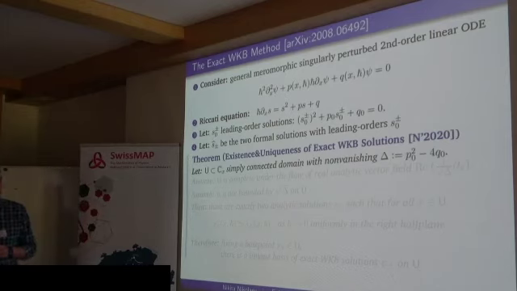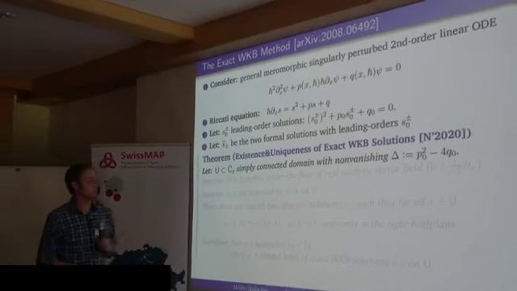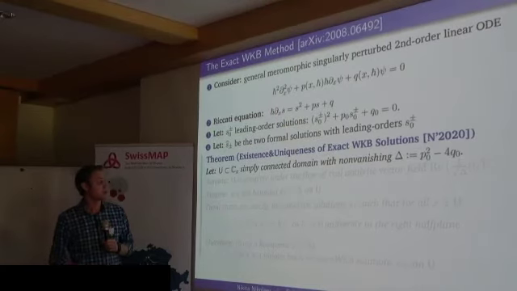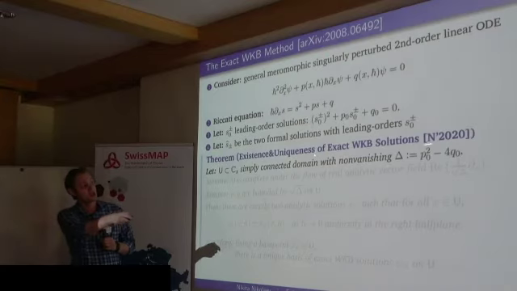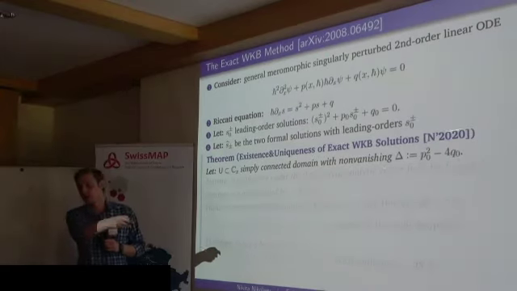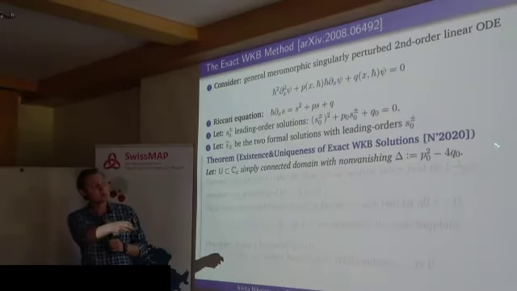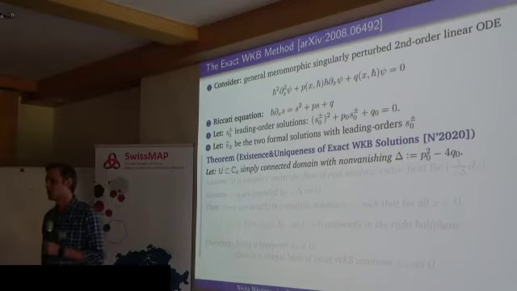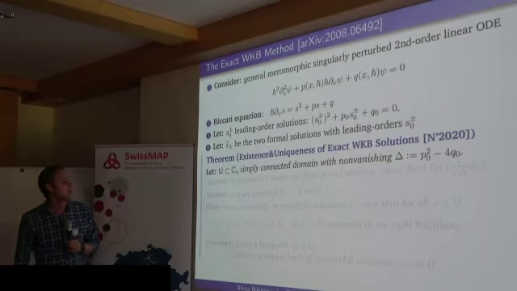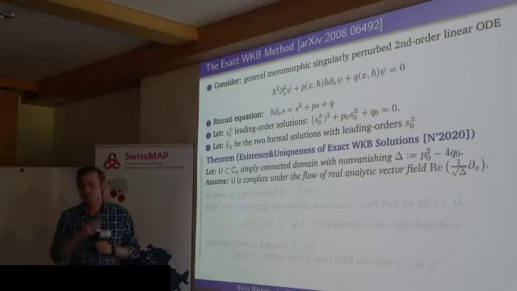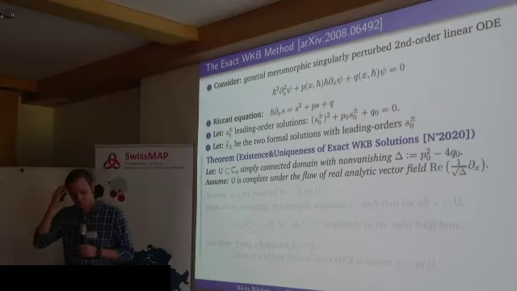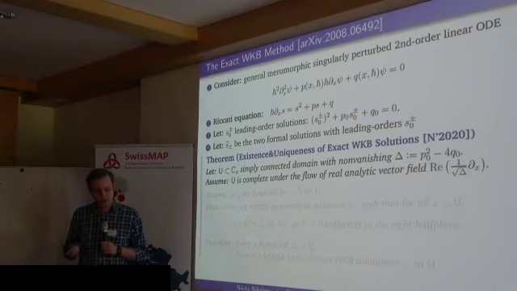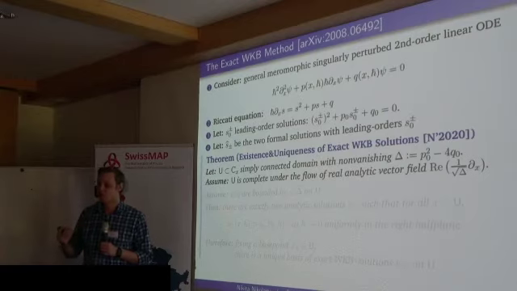Okay, so here are the criteria. This is the theorem for existence and uniqueness of exact solutions. Let me take a simply connected domain U, and I want the discriminant of my leading order equation to be non-vanishing on that open set. Then there is this funny condition, which is a very non-local assumption on my equation.